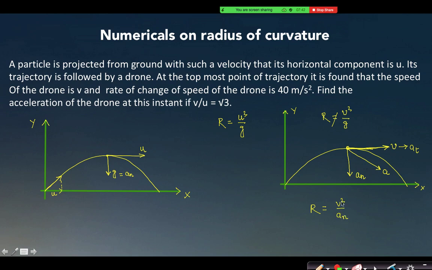From the point of view of the motion of the drone, I have got the radius of curvature as v square by an, and by analyzing the motion of the particle previously, I calculated it as u square by g. Now can I say that both the radii of curvature are the same or different? Both must be the same, because what is the reason behind that?